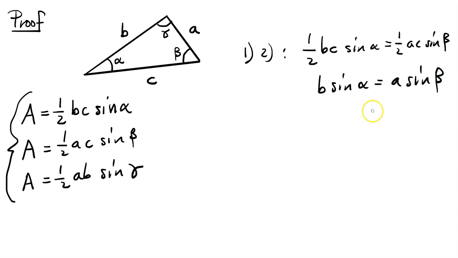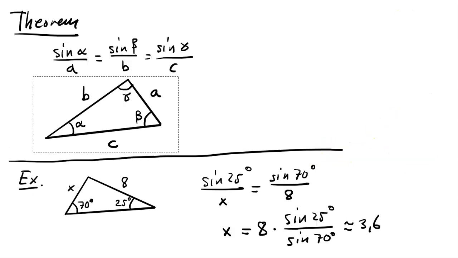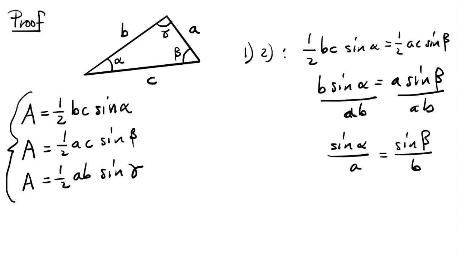And if we divide both sides by AB, we see here that B cancels, and we're left with sine alpha divided by A. This is A, not alpha. And then here A cancels, so we have sine beta divided by B. So now we have proved the first part of the theorem, this part. And if you want to prove the other part, we can do the same way, take the second and the third and divide.